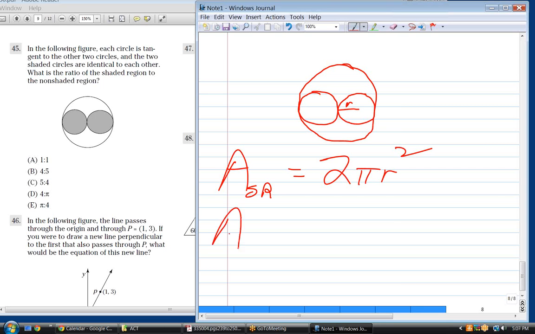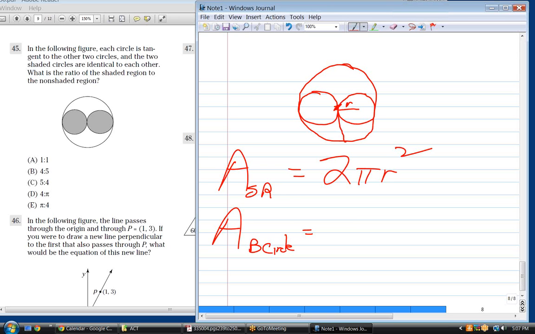What is the area of the big circle? What is its radius? The big one. If this little radius here is r, what's the radius from here to here? Oh, okay.